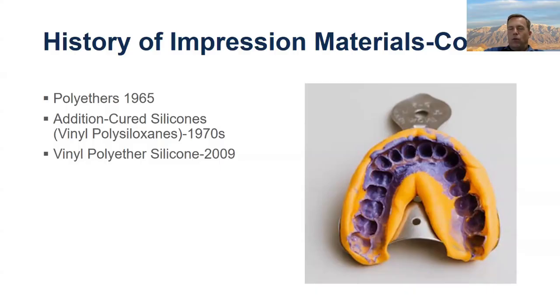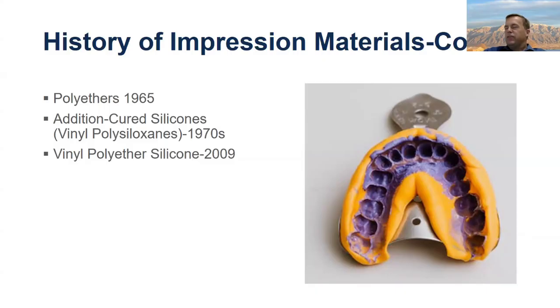VPS has taken the world by storm. I think the vast majority of dentistry today is being done with two-part vinyl polysiloxane. What's cool about them is they're very highly dimensionally stable over time. They're almost impossible to distort, with really good elastic recovery.